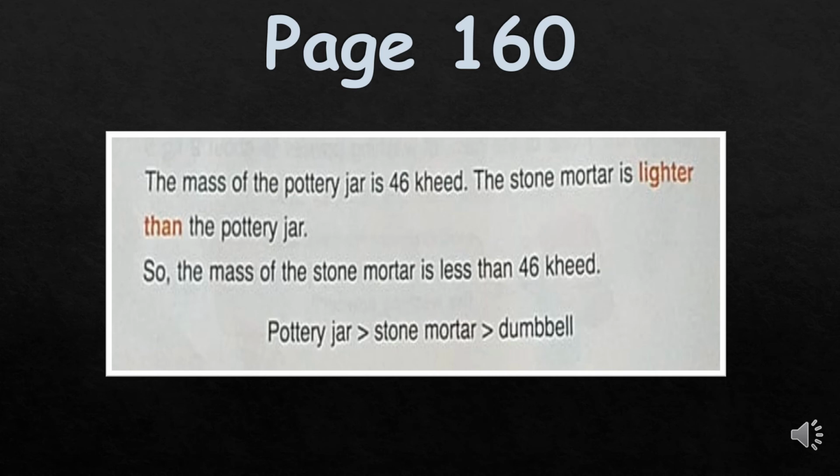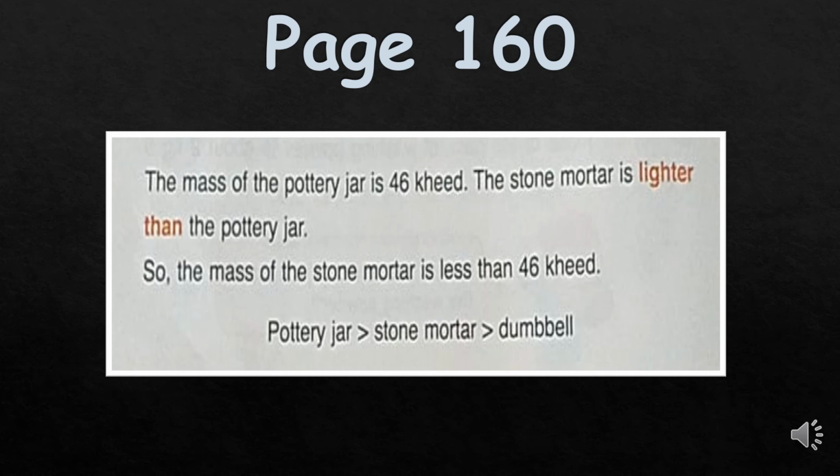So what do we know? We know the mass of the pottery jar is 46 keys, or 4 kilo and 6 keys. The stone mortar is lighter than the pottery jar. So the mass of the stone mortar is less than 46 keys, so less than 4 kilo and 6 keys.